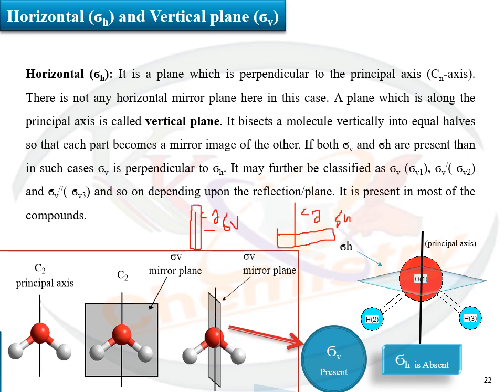Now if we talk about sigma h, we know that it is always perpendicular to the principal axis.